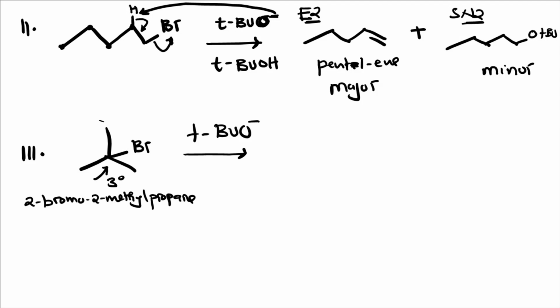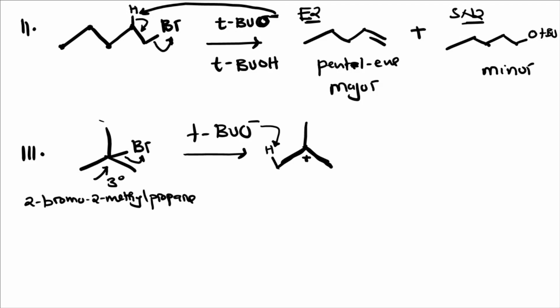So what is going to happen is that this leaving group is going to leave on its own, and we will have a carbocation here. Since this base is a bulky base, it won't readily come and attack this carbocation, but it will readily remove this hydrogen here, which is acidic.